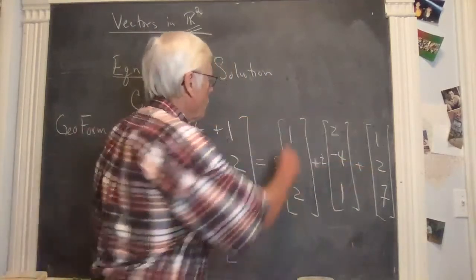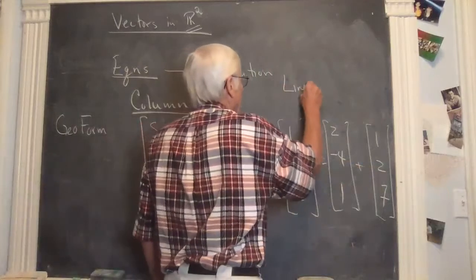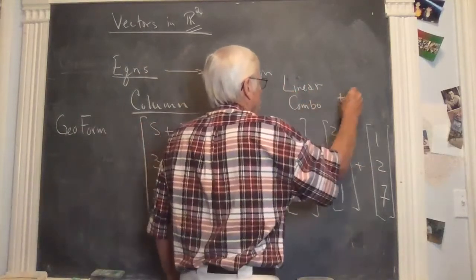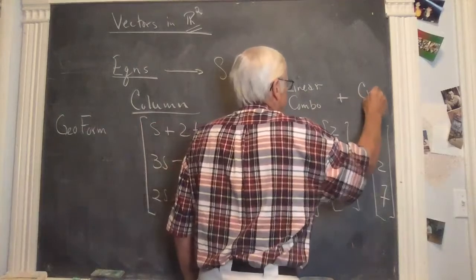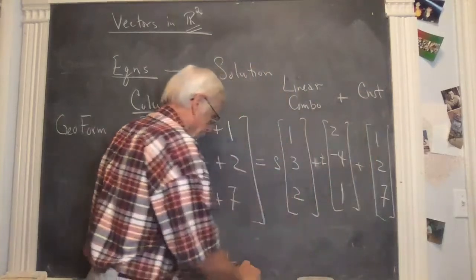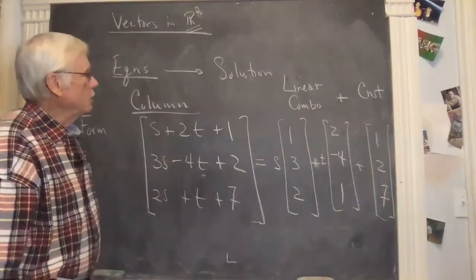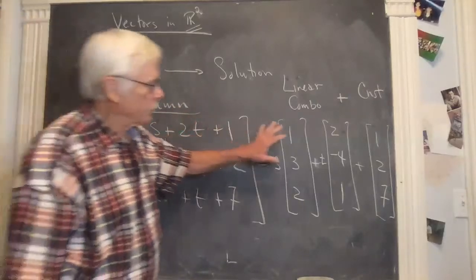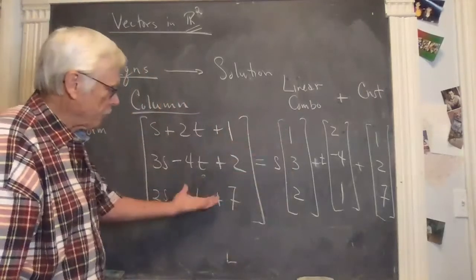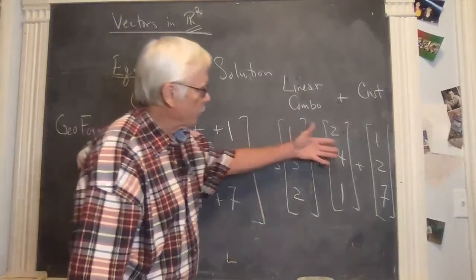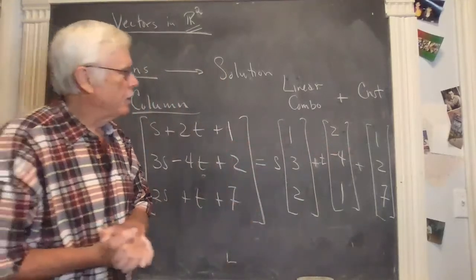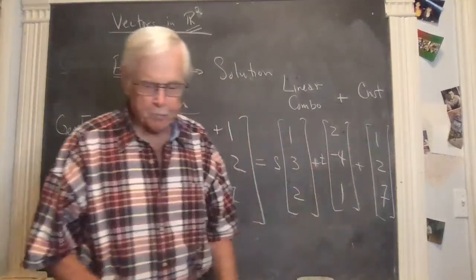Linear combo plus constant. So with solving equations, we'll always be able to write it something like this in geometric form, and then we can transfer geometric form to talk about linear combinations plus a constant.